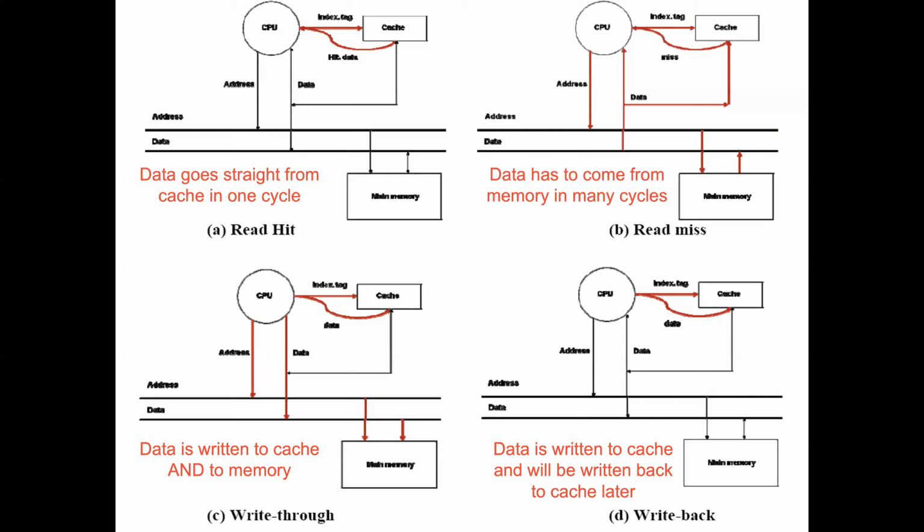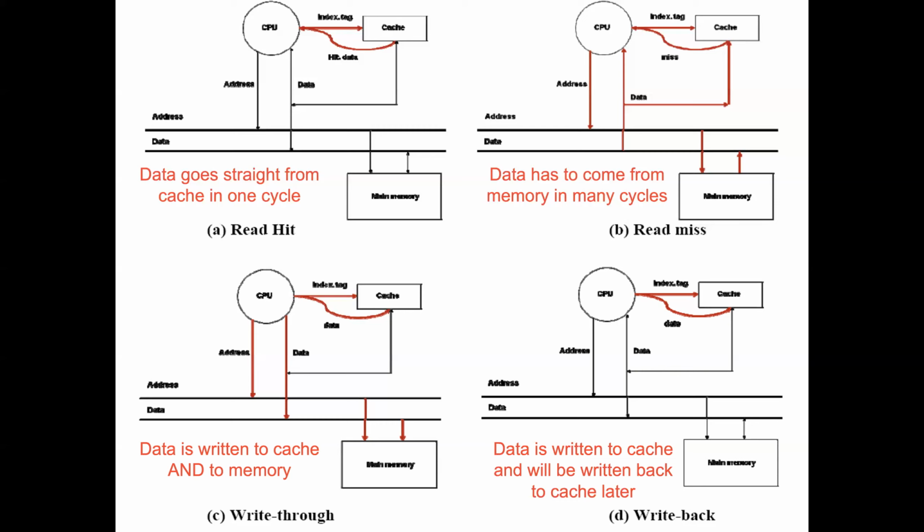Instead of immediately writing to memory, we wait until a process wants to evict the data from the cache, and then we can write it to memory at that time as well. That can be done in the same cycles when we're writing to memory.